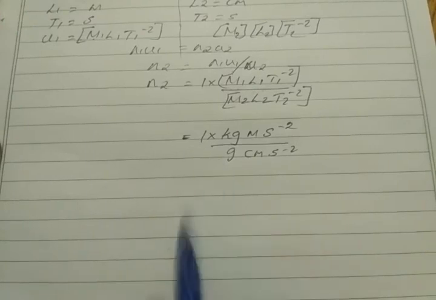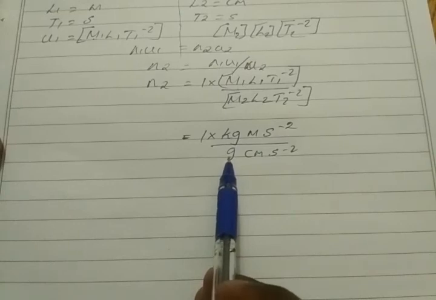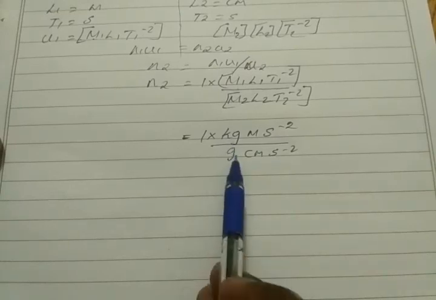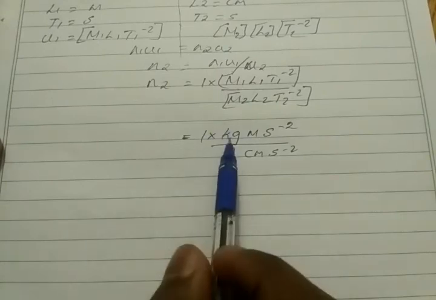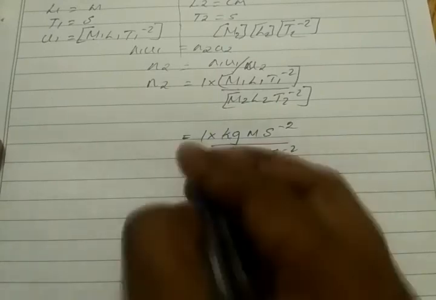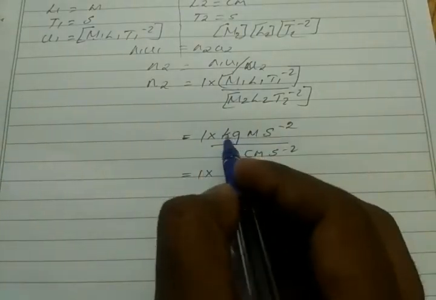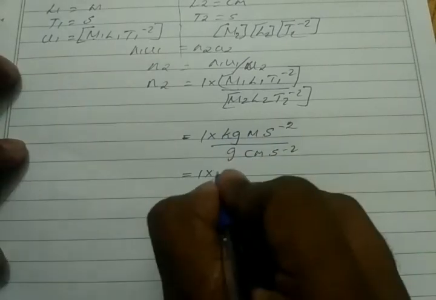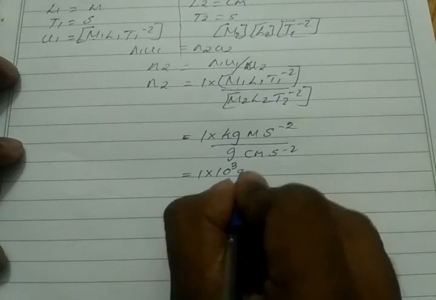In order to solve this equation, we make the units common first. Here we have kilogram, here we have gram. Are we able to convert kilogram into gram? Yes. 1 kilogram equals 1000 gram. So I can write 1 into, for this 1 kilogram, 1000 gram, which can be written as 10 power 3 gram.